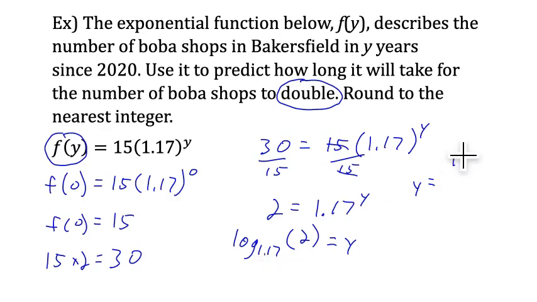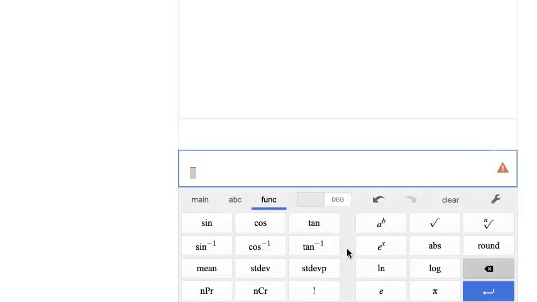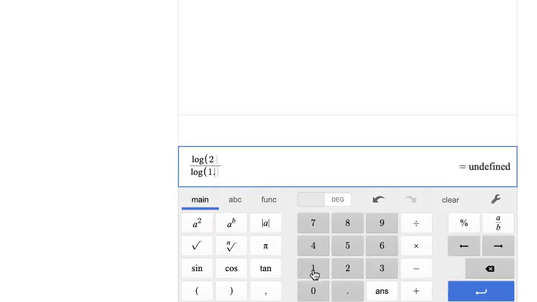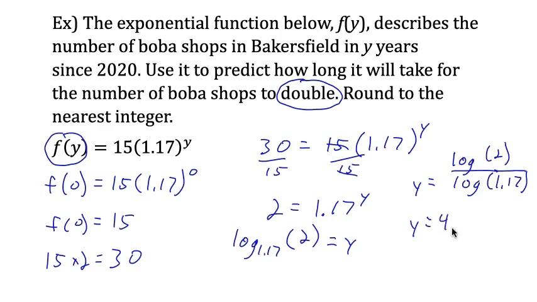So that will be log base 10 of 2 over log base 10 of 1.17. And we get about 4.415. We want to round to the nearest integer, so no decimal places. That'll be about 4. So it's going to take about 4 years for the number of boba shops to double.